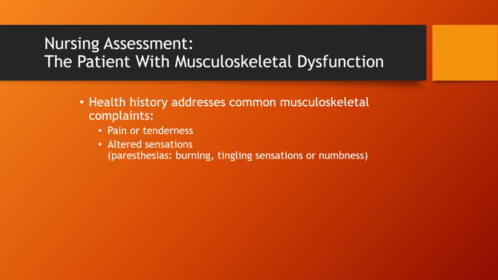Muscular pain, however, is described as a soreness or aching, or could be referred to as a muscle cramp. Fracture pain usually is described as sharp and piercing, and it's usually relieved by immobilization. The other complaints you'll see are altered sensations, and we'll talk about that in the next slide.